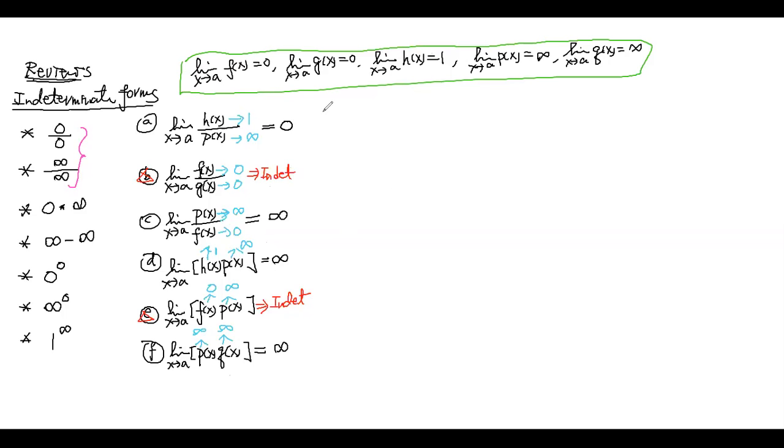Now let's take a look at G. This is the limit as x approaches a of f(x) minus p(x). f(x) approaches 0, and minus p(x) approaches negative infinity. So you see a constant 0 minus infinity, and the whole thing approaches negative infinity.